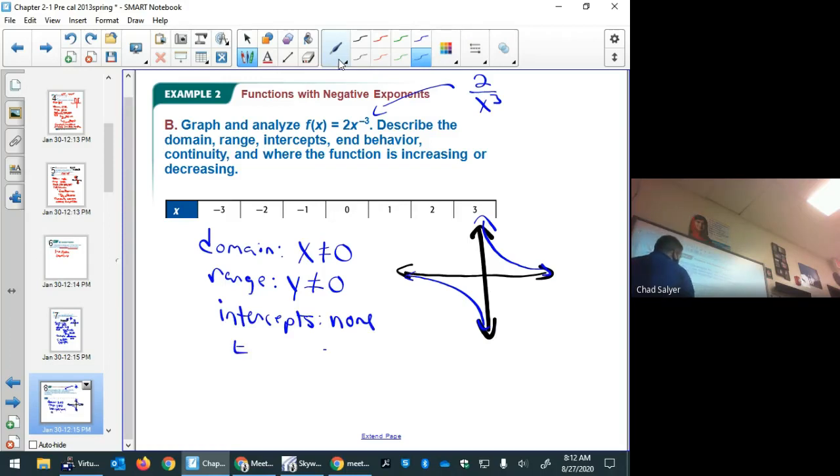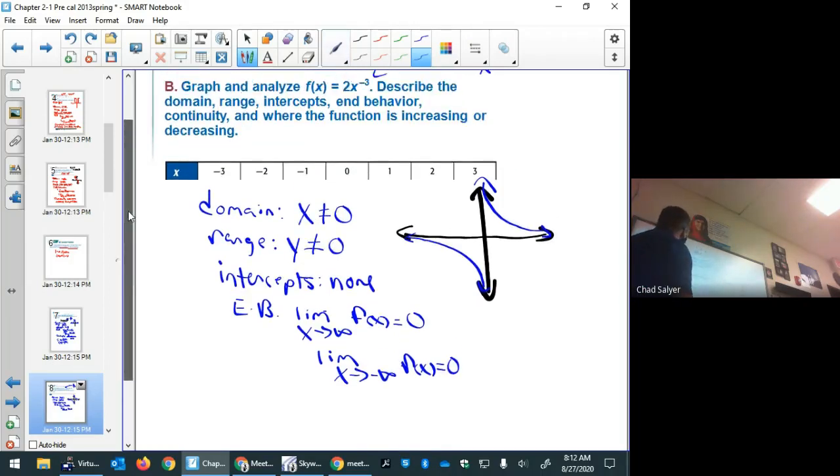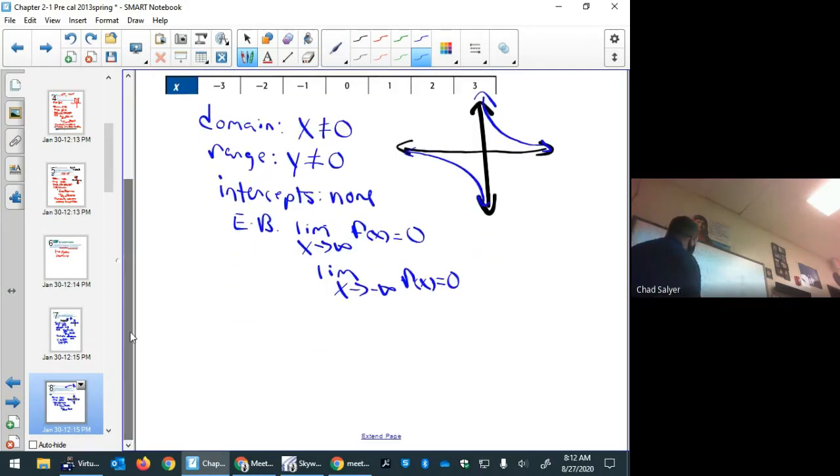End behavior. Same as last time. The limit as x goes to infinity of f of x is 0, and the limit as x goes to negative infinity of f of x equals 0. Continuity.